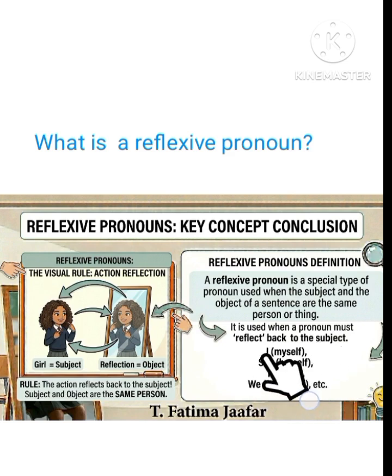I, its reflexive pronoun is myself. Herself is the reflexive pronoun of she. Itself, it. Ourselves, we. So, the action reflects back to the subject. Subject and object are the same person.